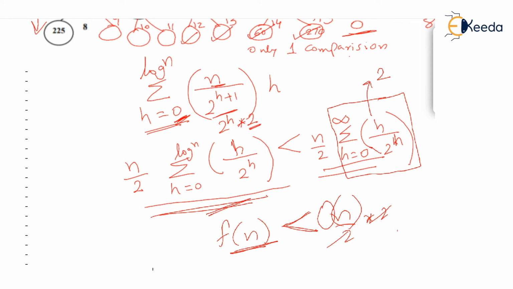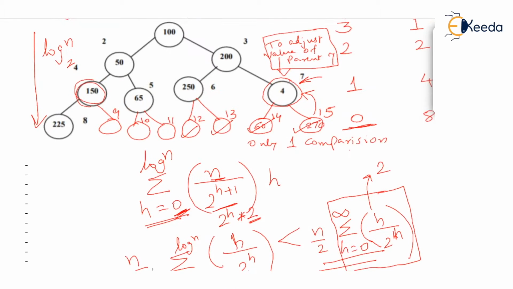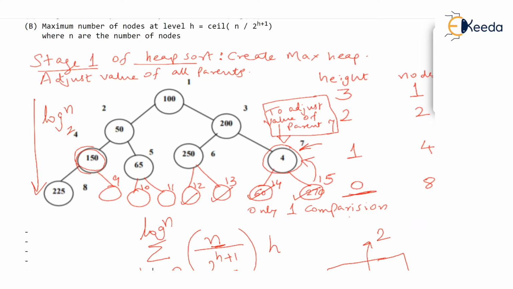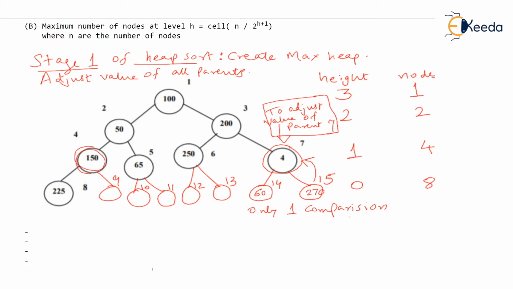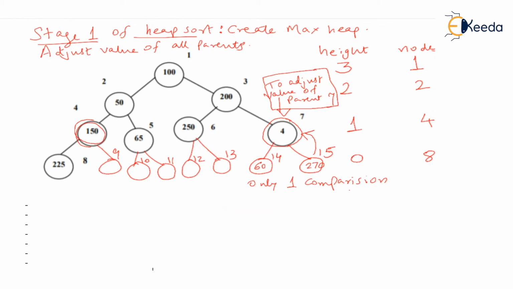What that means is that stage 1 of heap sort works in the order of n, big O of n. You see, it is so accidental. Many students initially feel that stage 1 of heap sort is going to work in n log n. But the tightest bound of stage 1 of heap sort is big O of n.